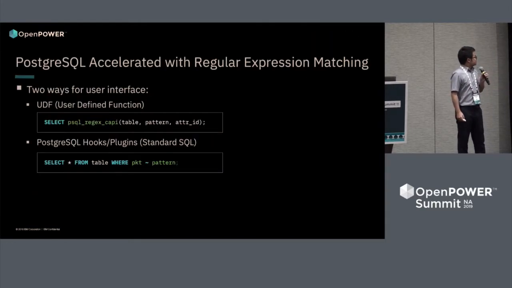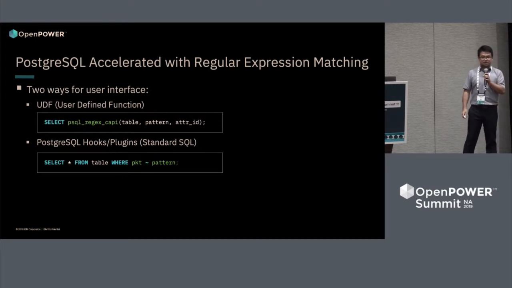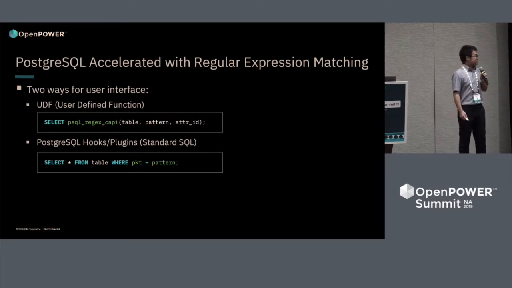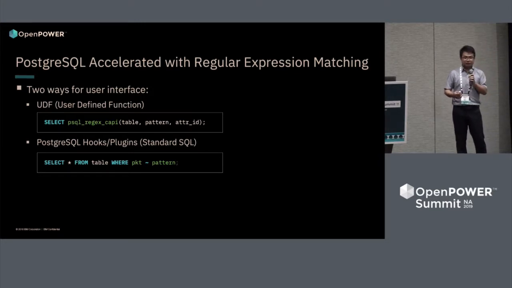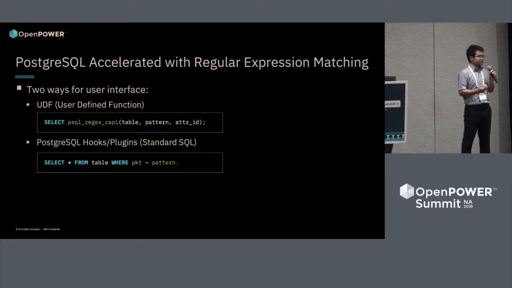Let's give some very high-level view of what we have done. Currently, we are able to accelerate Postgres with regular expression matching, and for the end users, we have 2 interfaces to use our acceleration. The first one is a user-defined function, which is a UDF.